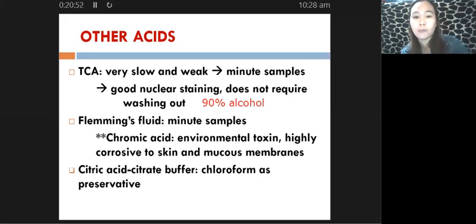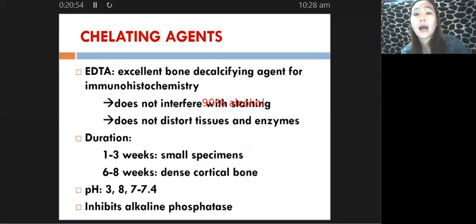calcium and mineral deposits. So another way by which we can perform the decalcification process is to utilize chelating agents. The chelating agent that we use for histopath is EDTA. I hope you know the name EDTA already.